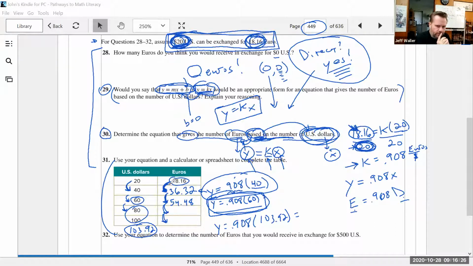All right. So everybody got everything from that. Well, let's do this one last one. You guys can see this, 32. Just use your equation real quick. What would you get for 500 bucks? Use the equation, right? Don't grow the chart. That'll take a while to get to 500. I think it's 454.